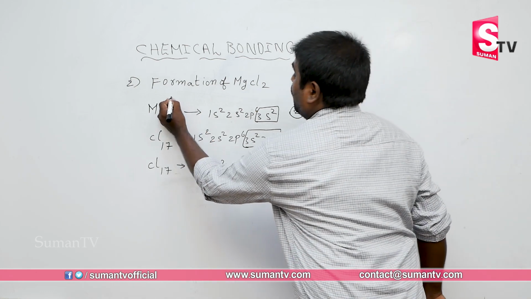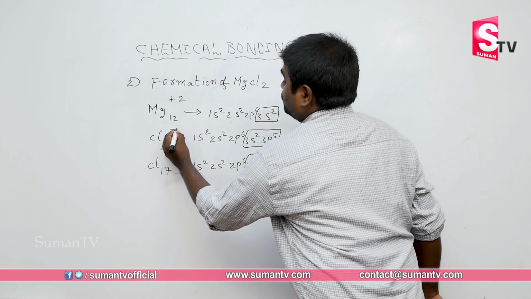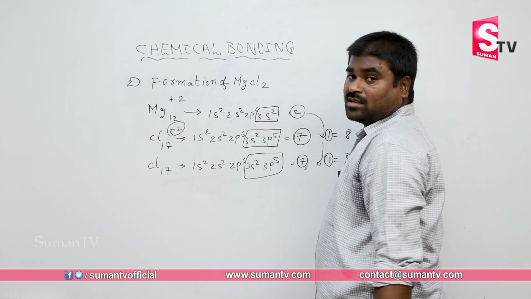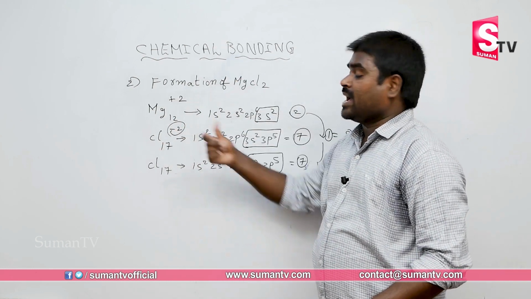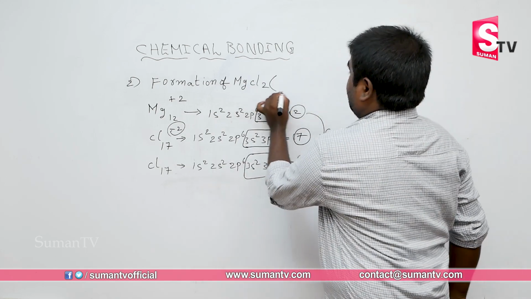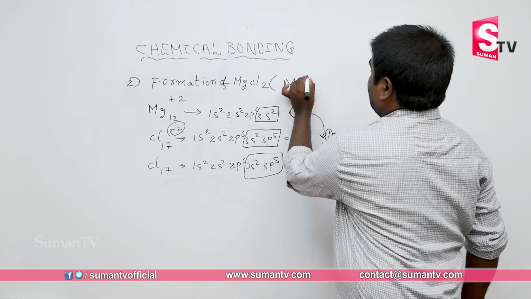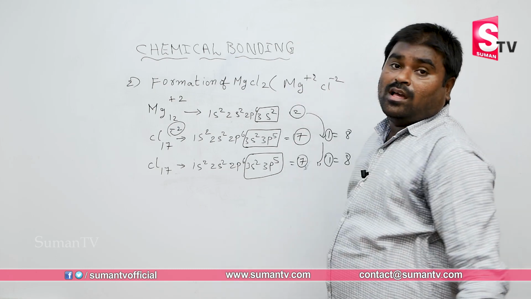Magnesium has a plus 2 charge. Chlorine is 2 electrons short. Now 2 from magnesium will come and join chlorine. Check how it will be: magnesium plus 2 and chlorine minus 2.